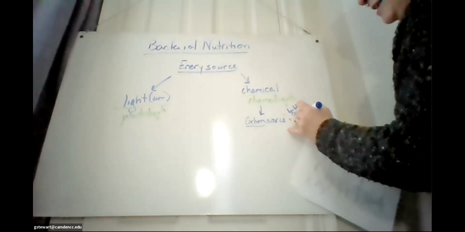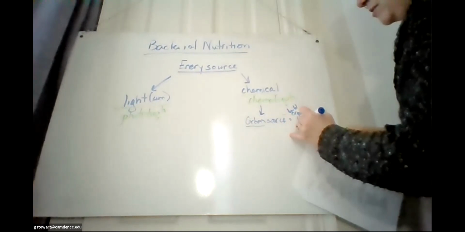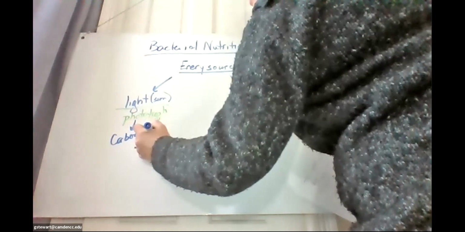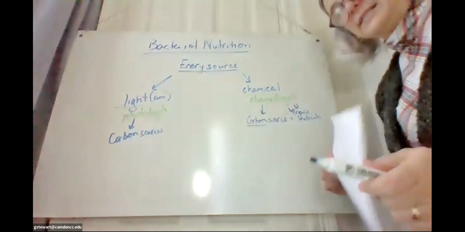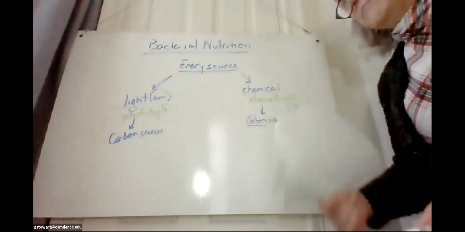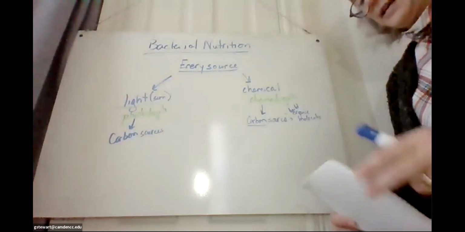So again, think about building all the molecules in your favorite chapter, chapter 5. Same here. These organisms need a carbon source to be able to build proteins. I'll start simple: amino acids, DNA, RNA, nucleic acids, sugars, monosaccharides, polysaccharides, lipids.